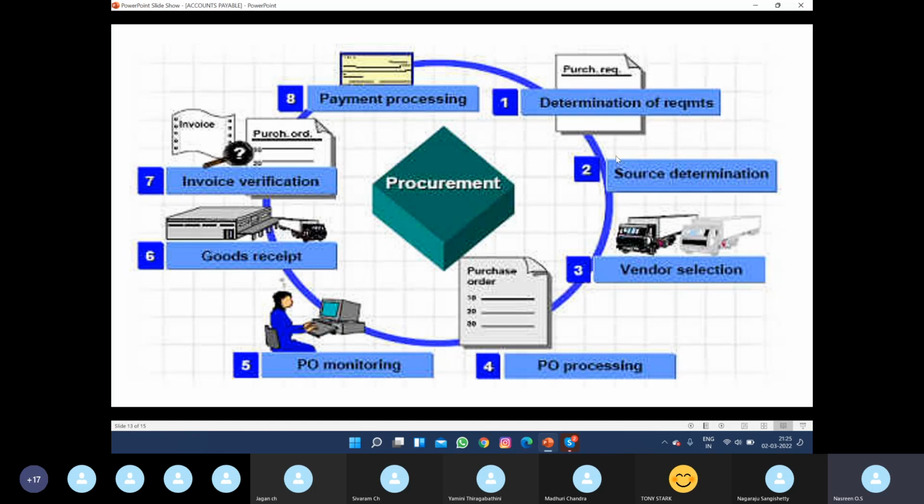Let's say we require 10,000 tires. So these requirements are of 10,000 units. Then we decide what the mode is. If we consider transportation, do we have to transport it by lorry, or by ships or aeroplanes, etc.? So we have to determine the source of transportation, and then we have to select the vendor.